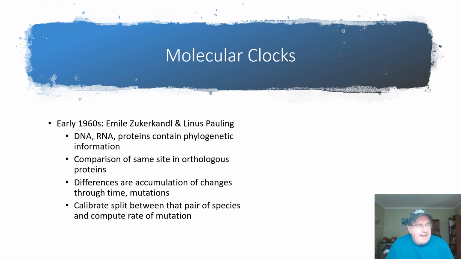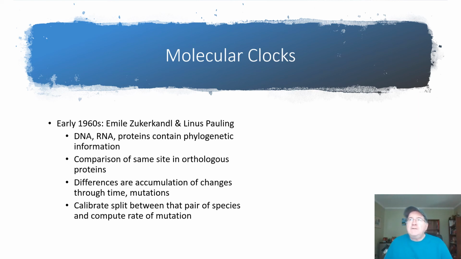And so this was about the time that you could do sequencing of proteins and nucleic acids, but it was painstakingly slow, expensive, and difficult to do. It's nothing at all like what we have today.